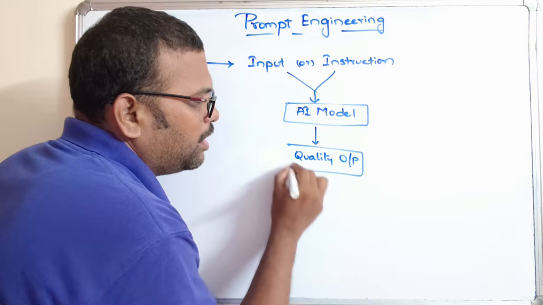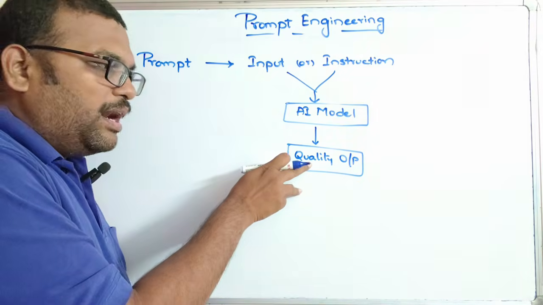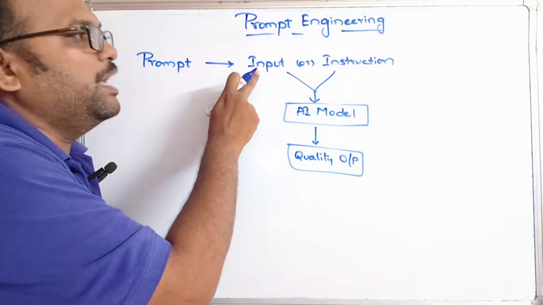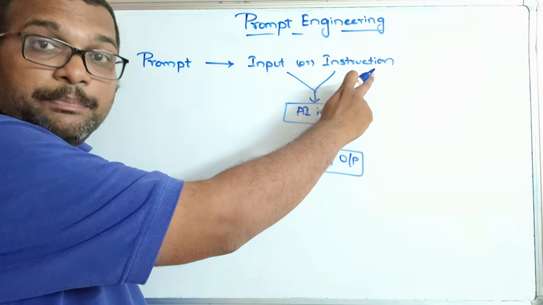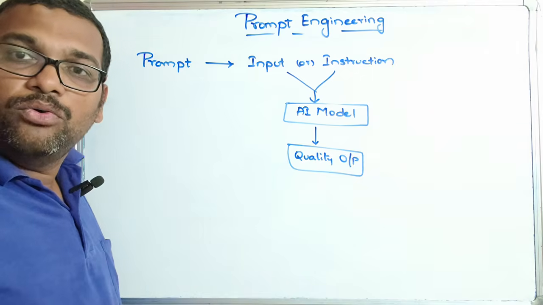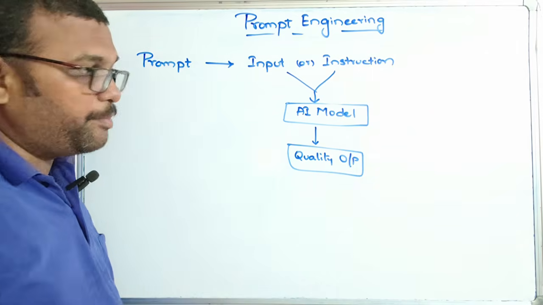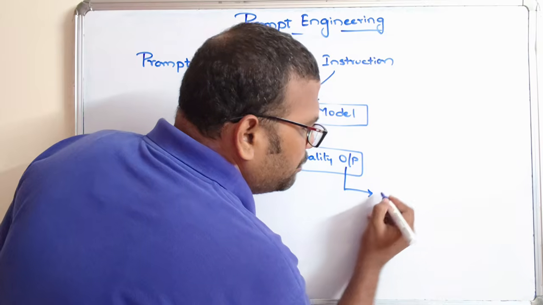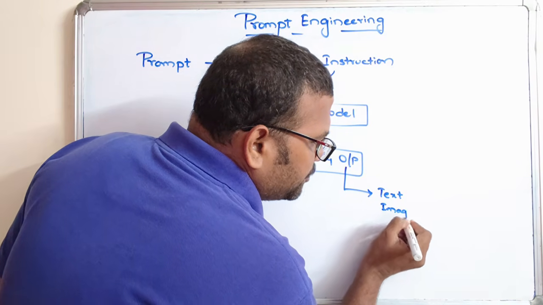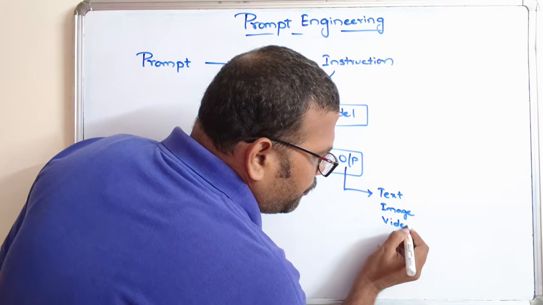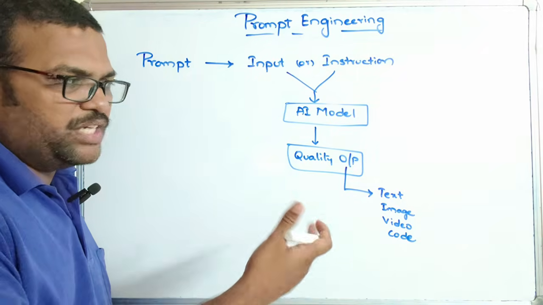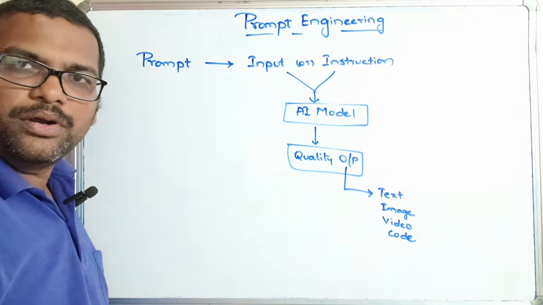The quality of the output will depend upon the input or instruction. That means the quality depends upon the prompt, how effectively we are giving it. And this output can be either text or image or video or code. We have seen a lot of GPTs to generate text, image, video or code.